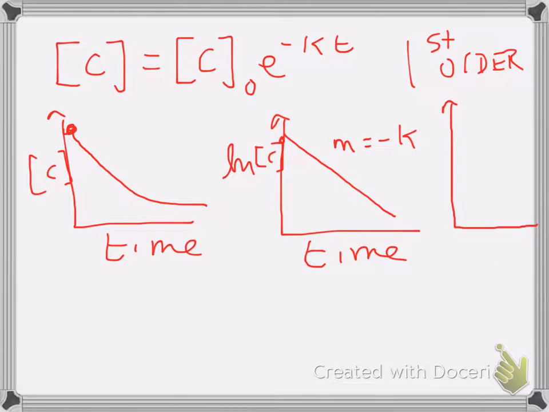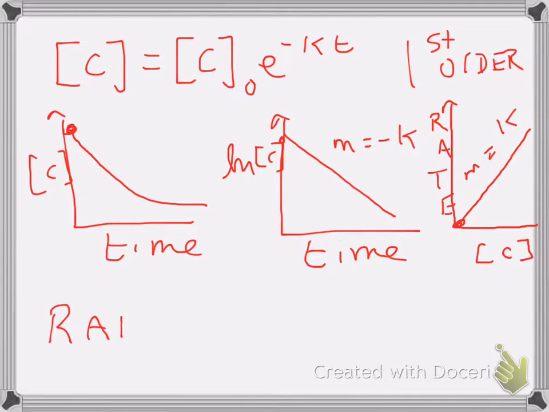And if we were to make a plot of the rate versus the concentration of C with first order, we would see a nice straight line with a slope of k. To show why that's the case, we look at the rate law for first order.